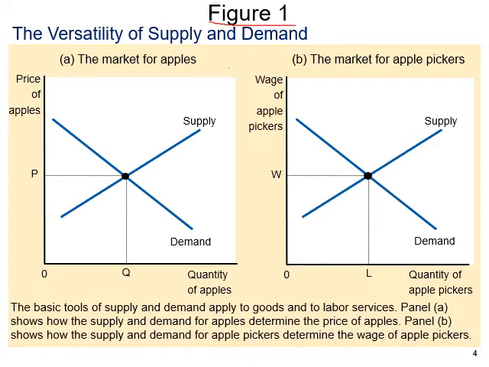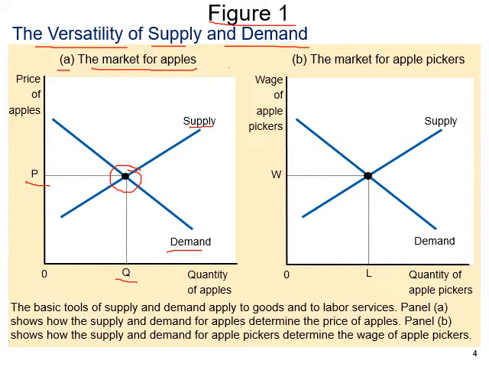Figure 1 displays the versatility of supply and demand. In panel A, we have the market for apples. Panel A displays how the supply of apples and the demand for apples determine the equilibrium price of apples and the equilibrium quantity of apples sold in the market.